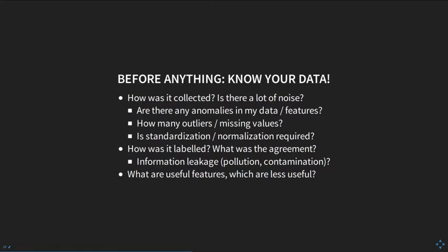Now, another very dangerous point in assessing your labels is to check for information leakage or pollution or contamination. And this is something that is probably better to illustrate. Say that we have movie scores.